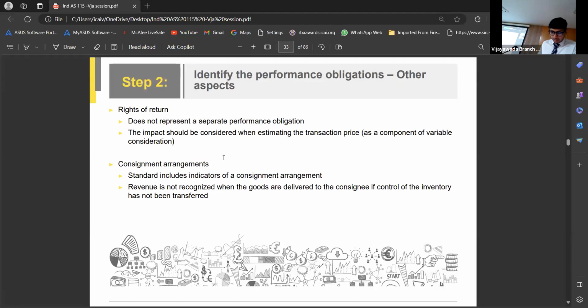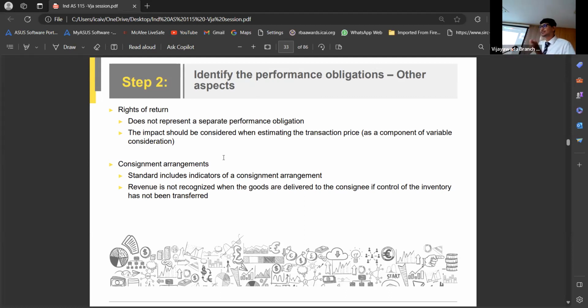Right of return, consignment arrangements. Again, very simple. Okay. Complex because of judgment involved. Simple understanding. Okay. So we all purchase products from Amazon, right? Have you ever seen the return policy of Amazon? A lot of Indians take left, right, center advantage of it.